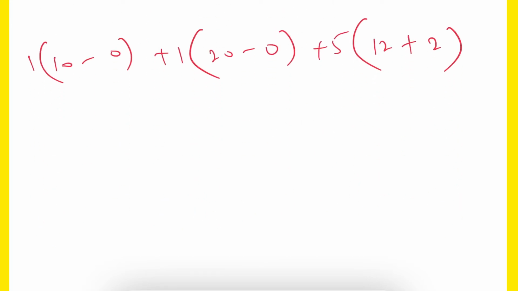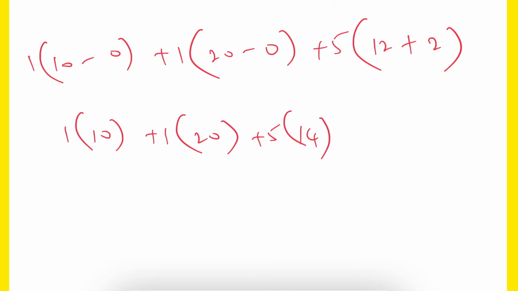Okay, let us simplify this further. 1 into 10 minus 0 is 10 plus 1 into 20 minus 0 is 20 plus 5 into 12 plus 2 14. 1 10s are 10 plus 1 20s are 20 plus 14 5s are 70. So total it will become 70 plus 20 90, 90 plus 10 100.